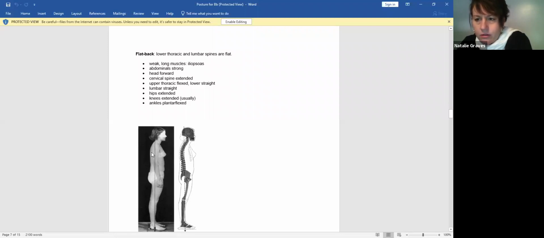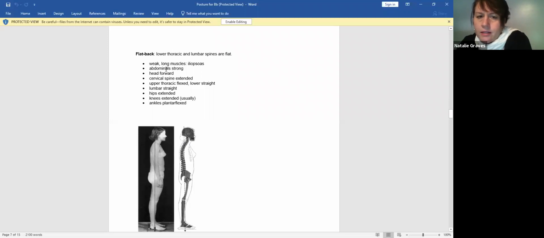These definitely look flattened. It really does even look like there's a little bit maybe of an excessive kyphosis, not much, but look how flat this low back is. And so that's why it's named that. So both of the curves are really flattened. Oftentimes this is accompanied by a forward head.